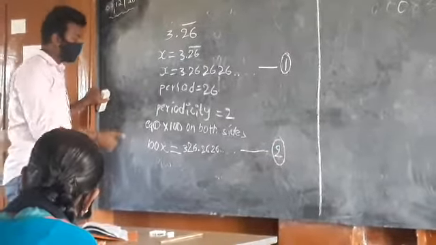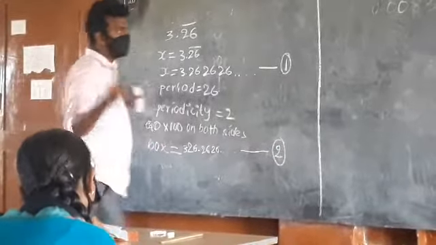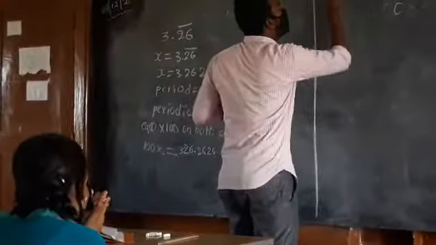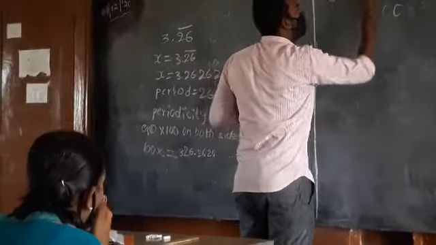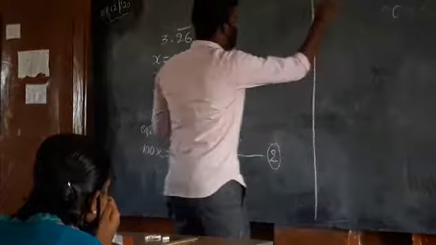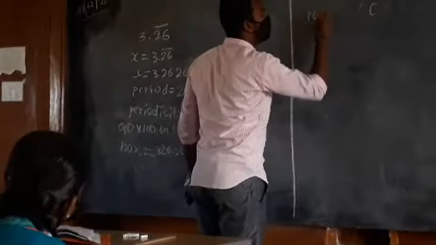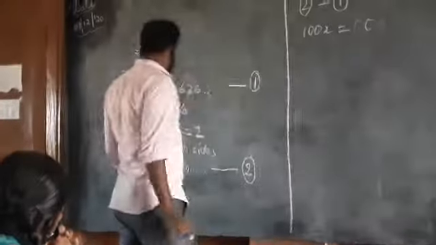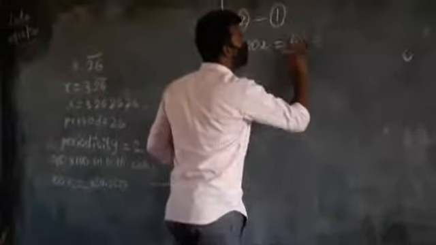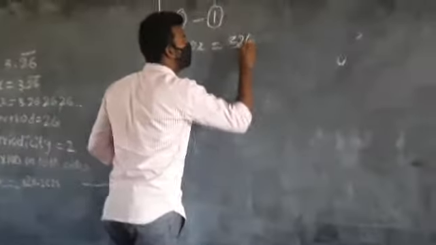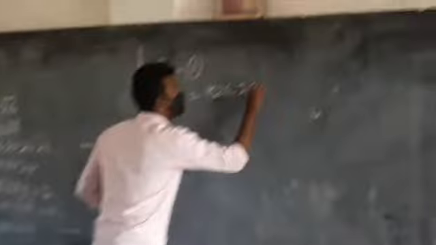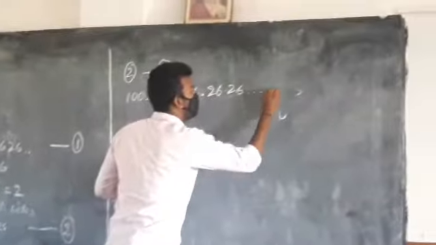Now the interesting things will be from here. What you are going to do is equation 2 minus 1. What is equation 2? 100x equals 326.2626 and so on.